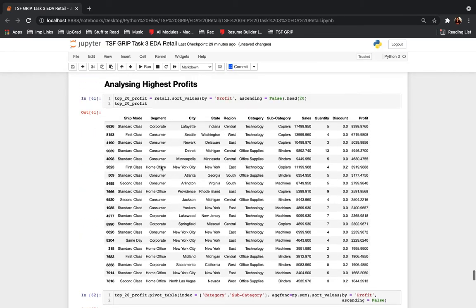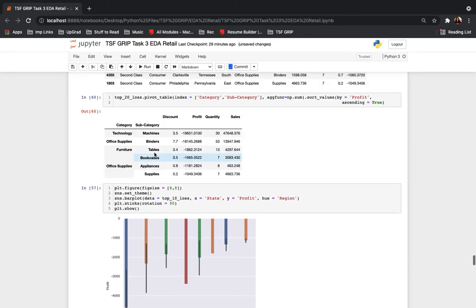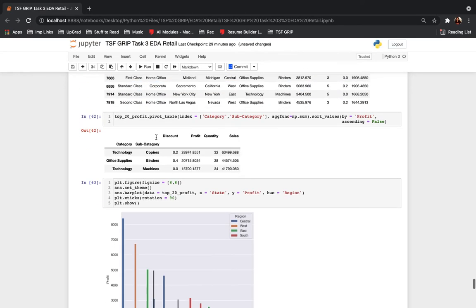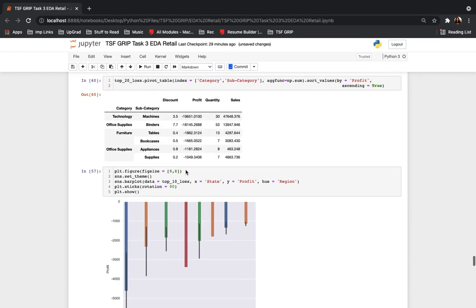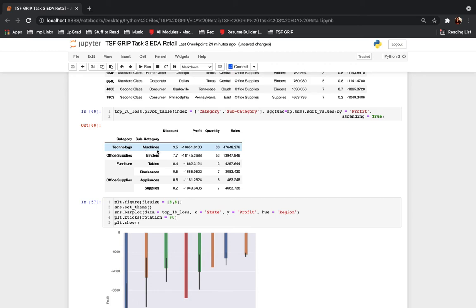So if you see these two pivot tables, we can see that technology is highest in the loss and technology is highest in the profit. What is also admirable to see is that technology machines also makes the cut in highly profitable vehicles, and technology machines is one of the most loss incurring category and subcategory pair. The only difference here is the amount of discounts that is given.